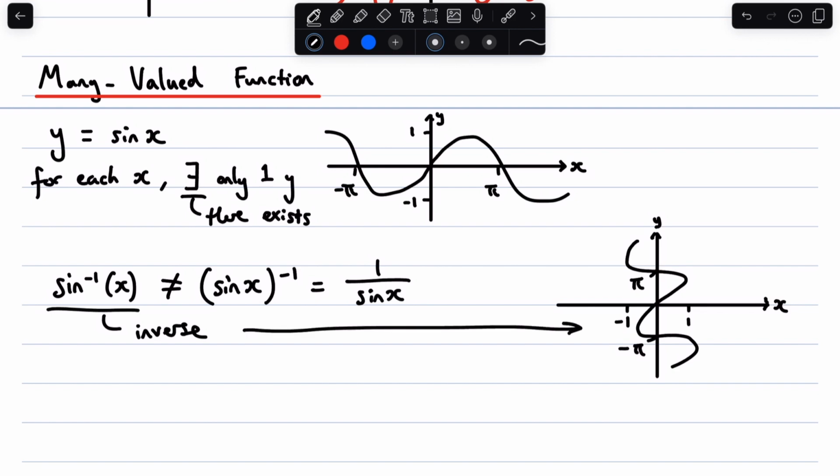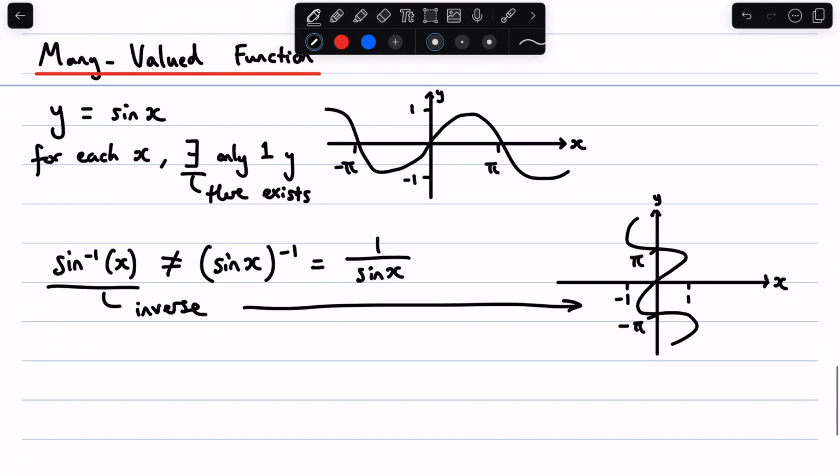And if you look at this, we can see that for every value between minus 1 and 1, every x value will give an infinite number of different y values representing each x value, and that is what a many-valued function is. Therefore, because there's infinitely many values for this, we define a principal value, a sort of range of values.